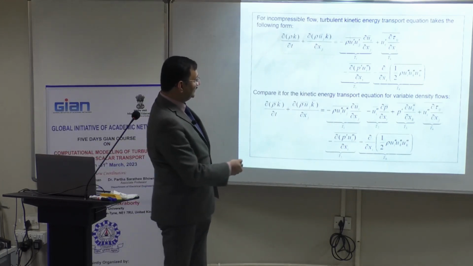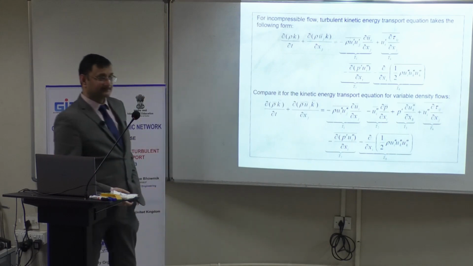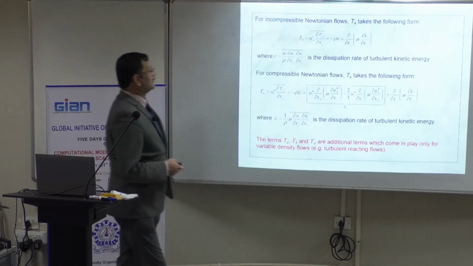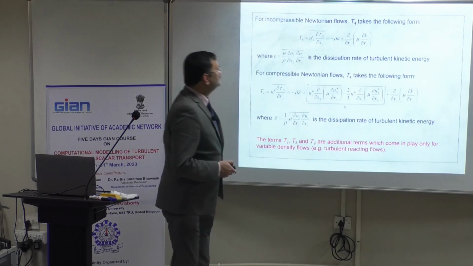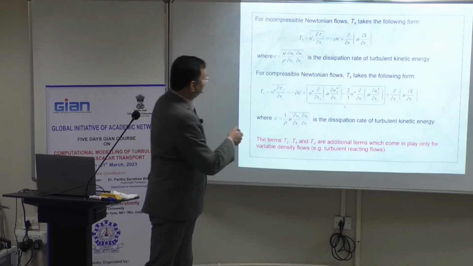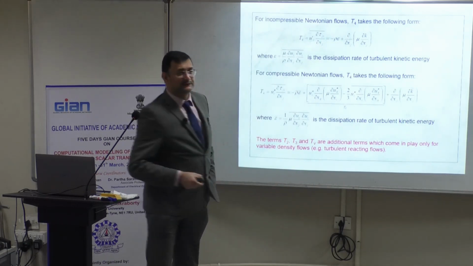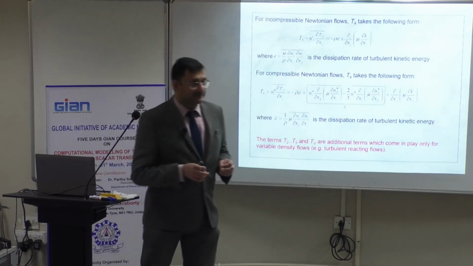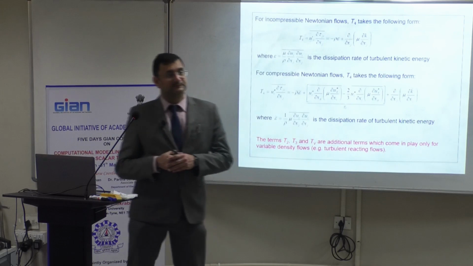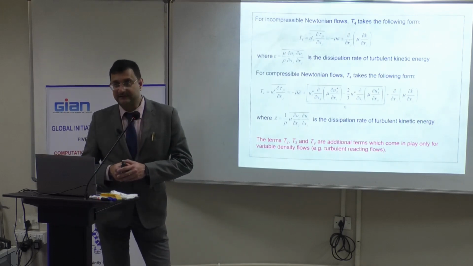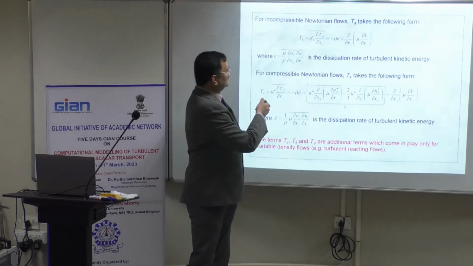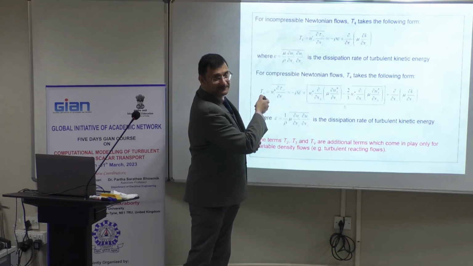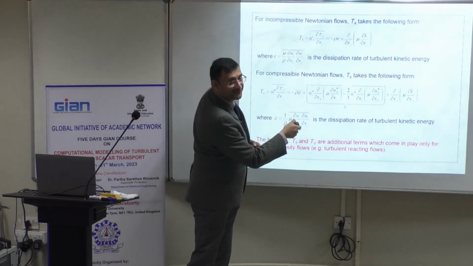So you can see the comparison. Now, if we look at the T4 term, which I told is the combined effect of the molecular diffusion term and the dissipation rate of kinetic energy term. In the case of Newtonian incompressible fluids, it's this form.